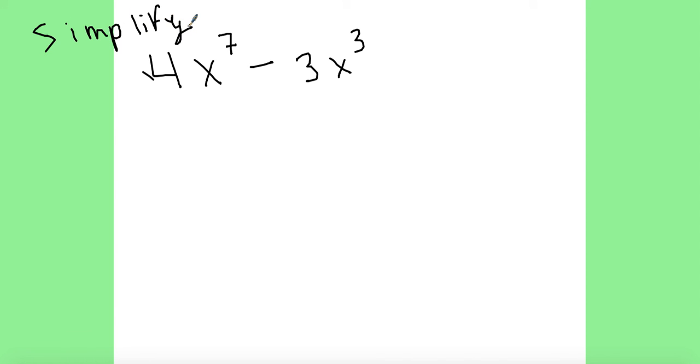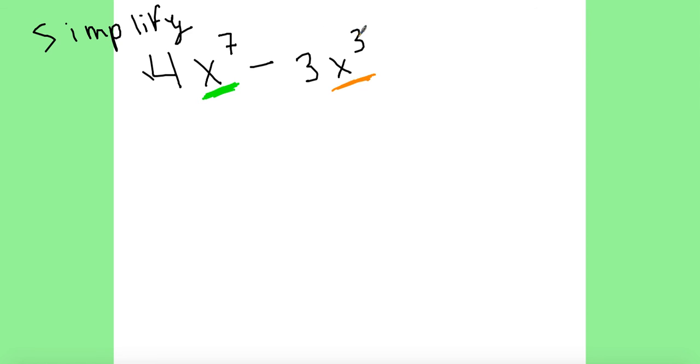There's no simplification that can happen here because these are different objects. And when you're working with exponents, do whatever it takes to remind yourself that these are different. So maybe in my case, I can underline this one with a green and this one with an orange. Okay. x to the 7th is like my apples and x cubed is like my oranges.